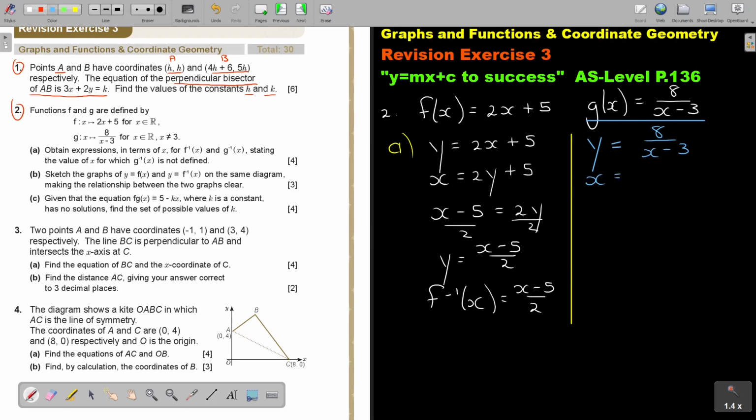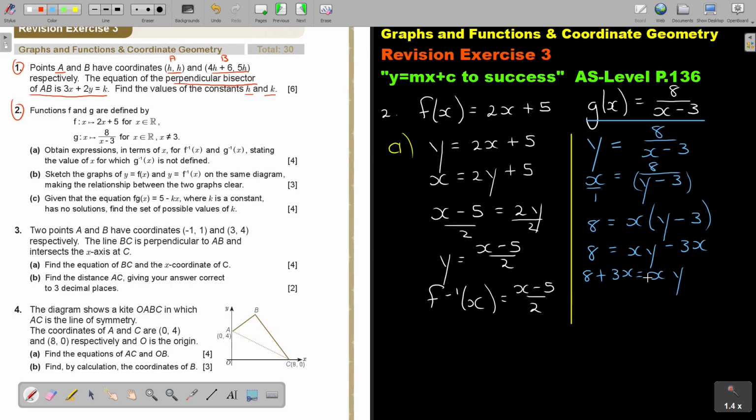So x is equal to 8 over y minus 3. Put it over 1, make a bracket, I cross multiply. So 8 is equal to x times y minus 3. So 8 is equal to xy minus 3x. So xy equals 8 plus 3x.